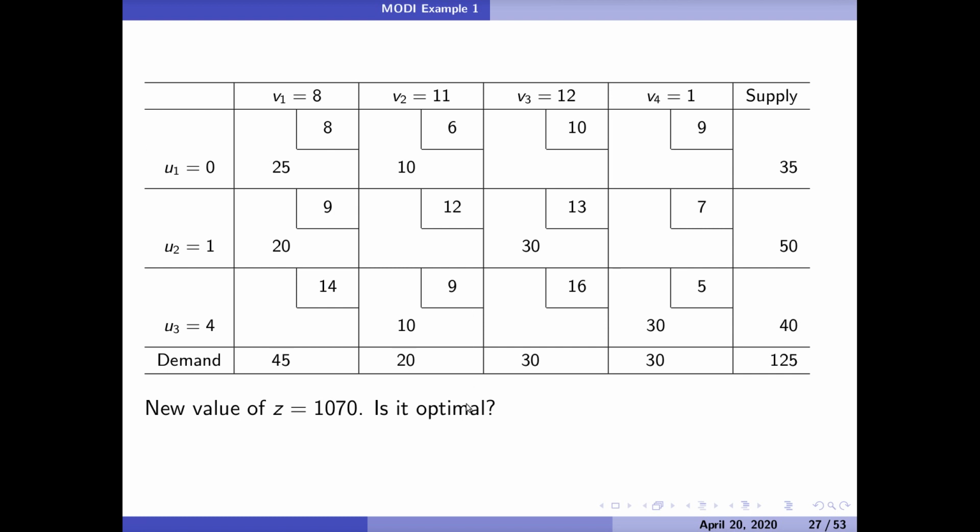Now to see if it's optimal, we're going to have to recompute some of the u's and the v's, right? Because I just changed my basic variable set. Okay, so which u's and v's need to be recomputed? It looks like v2 needs to be computed because we changed our basic variable to this position, right?